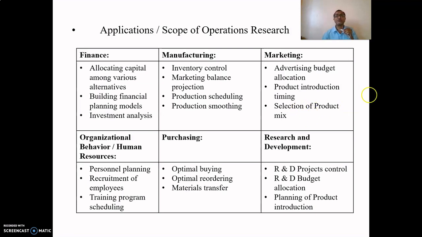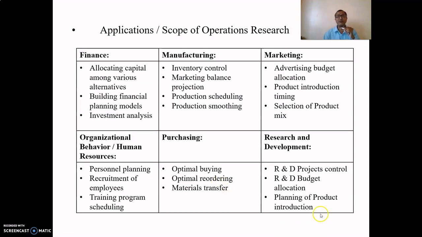Next is organizational behavior and human resources, that is personnel planning: recruitment of employees, and scheduling training programs for workers or engineers regarding new technology. Then purchasing: optimal buying or bulk buying, when to order, how much to order, and material transfer, its quality, like that.